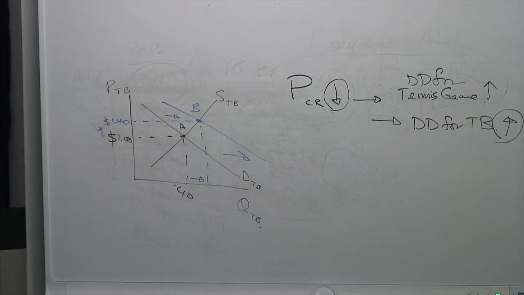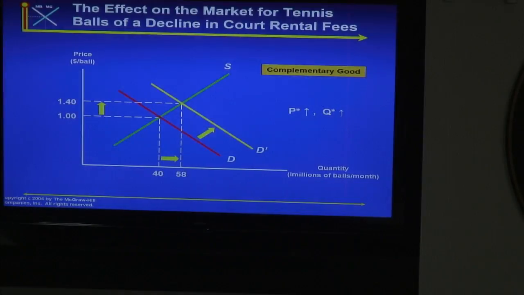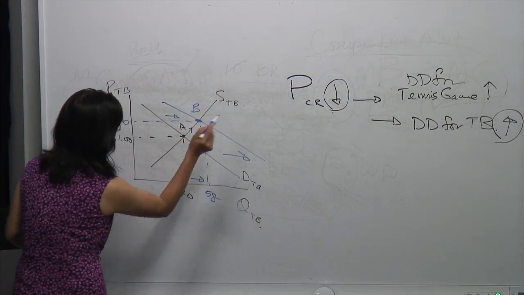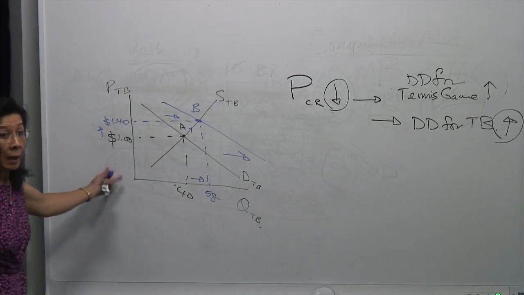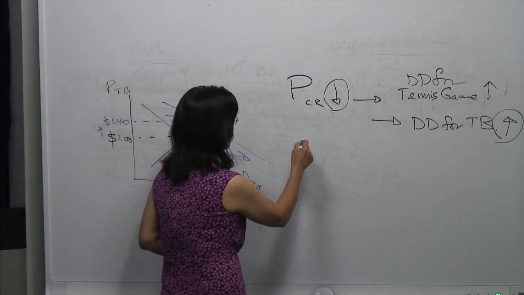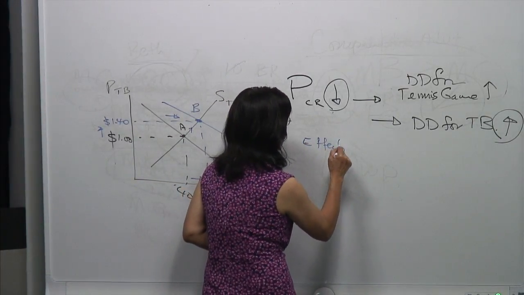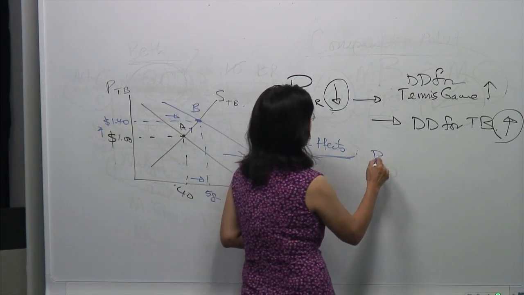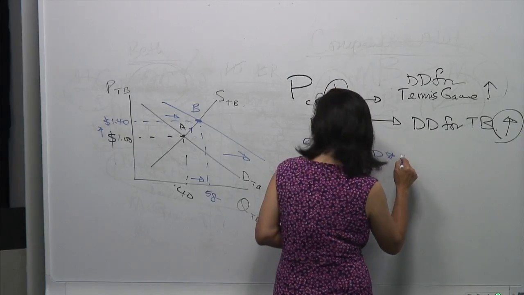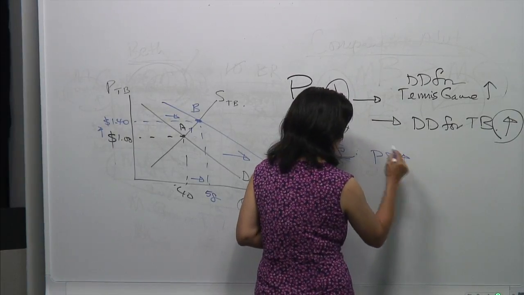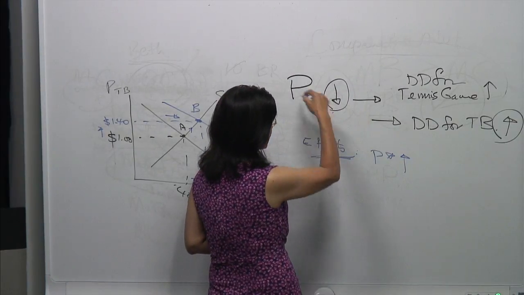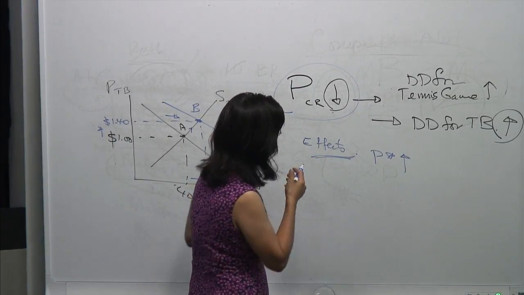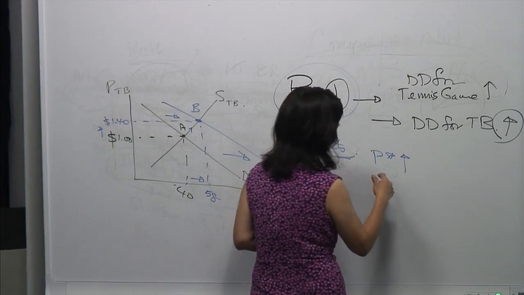Okay, so that's what it is. And this number here, I'm going to use the same number, though I don't have to. This is your point B. So this is the answer. So if I ask you what are the effects, this is the kind of answer I am looking for. You would say, oh, the equilibrium price has gone up as a result of the price of court rental fees for tennis games, the tennis court, having come down.